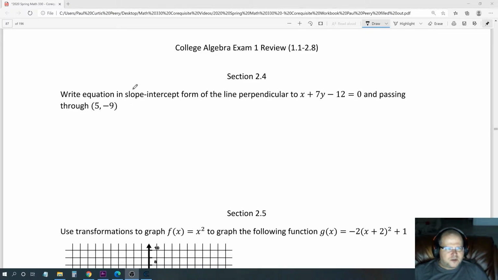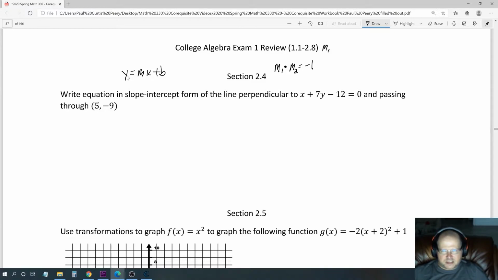Okay, so first of all, slope-intercept form is y equals mx plus b. And perpendicular means that if you multiply the slope of the first equation by the slope of the second equation, you get a product of -1, so they're negative inverses of each other.